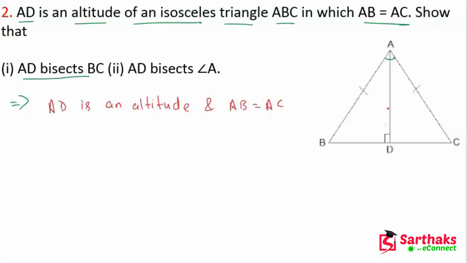So this is 90 degrees because AD is an altitude, so AD is perpendicular to BC.